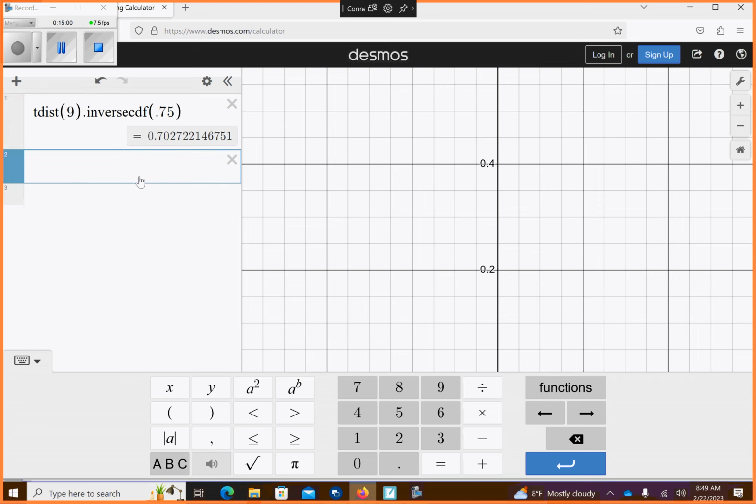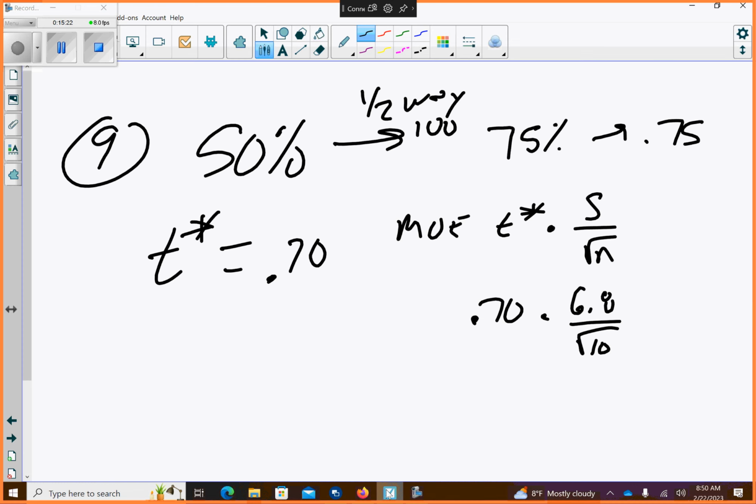So 0.70 times our standard deviation of 6.8 divided by our sample size of 10. So 1.51.